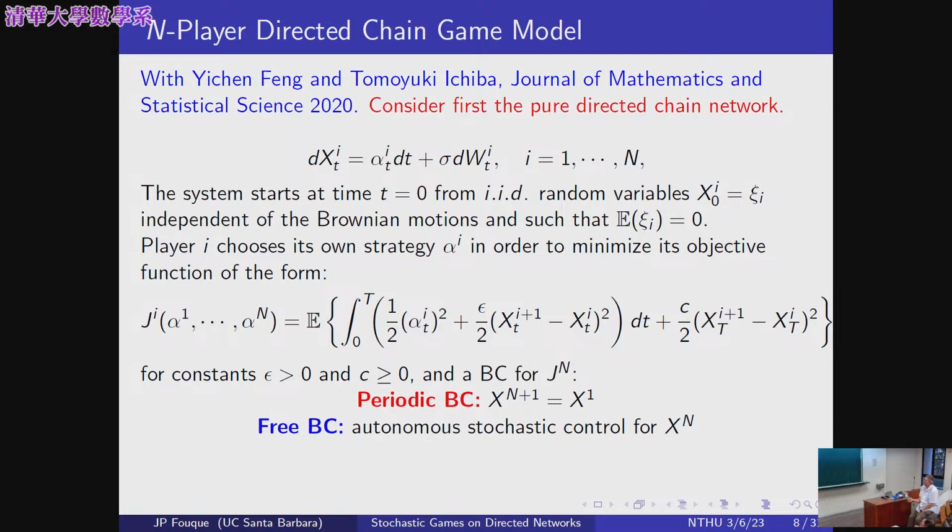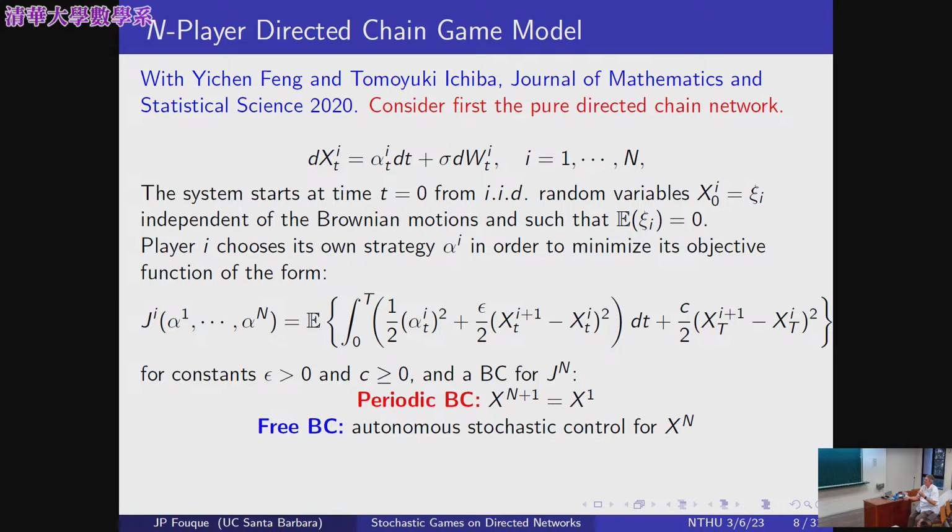But what you need is some boundary condition for the last one, because for the last one there is no n plus 1. So either you have a free boundary condition saying that the last one is autonomous. When you pick I equals n, then you remove that part here. That is autonomous. It doesn't control, it's just a diffusion. The last one is a diffusion.